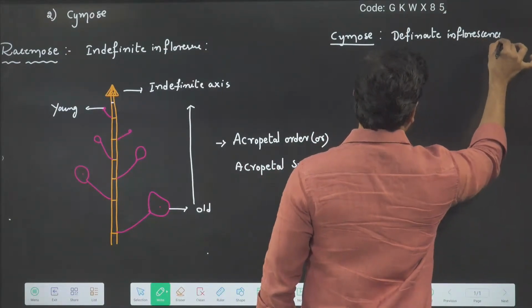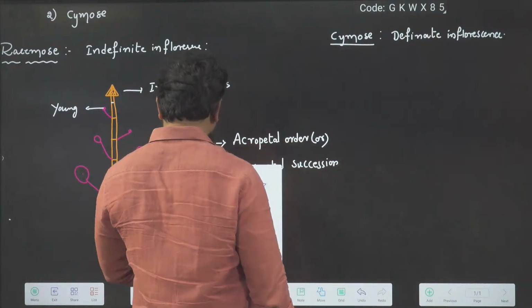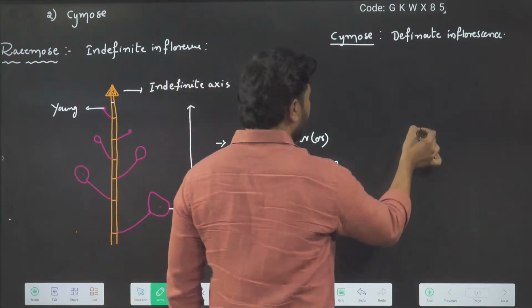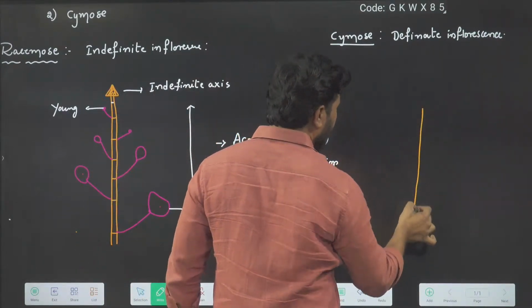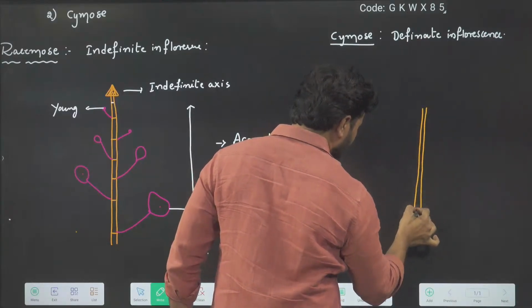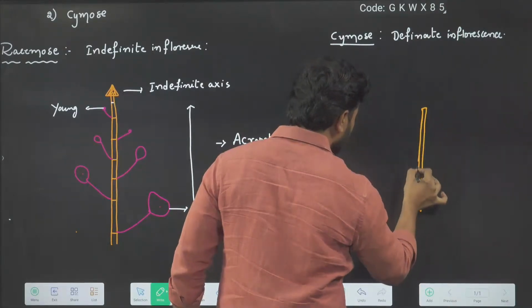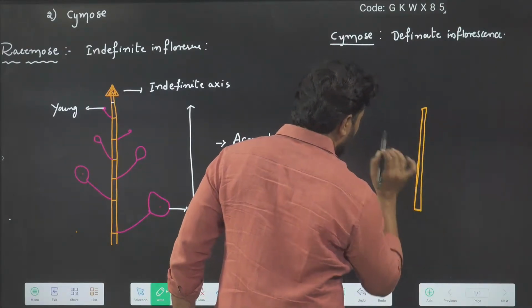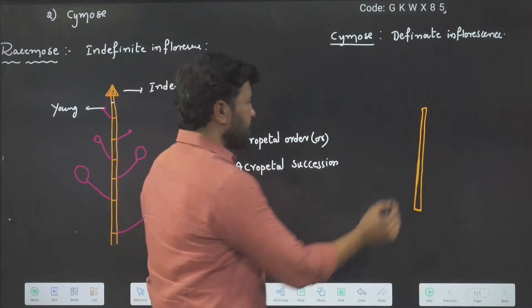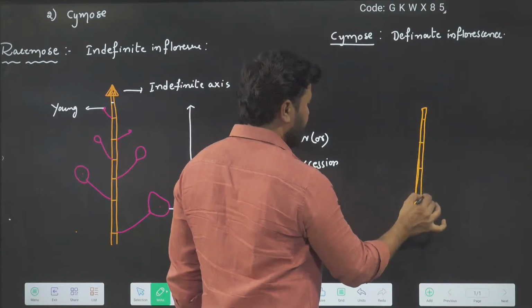The reason could be like this. It has an inflorescence axis, but that inflorescence axis cannot grow further. It has grown as much as it can grow initially. It is an inflorescence axis, it has nodes. That is a common criteria.